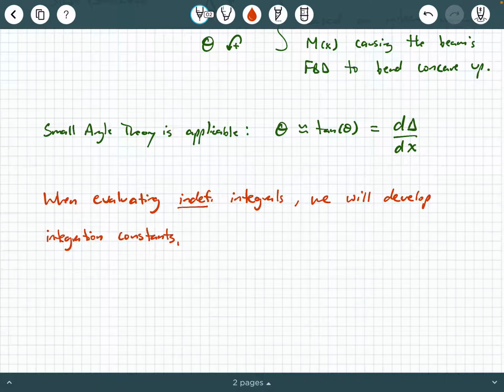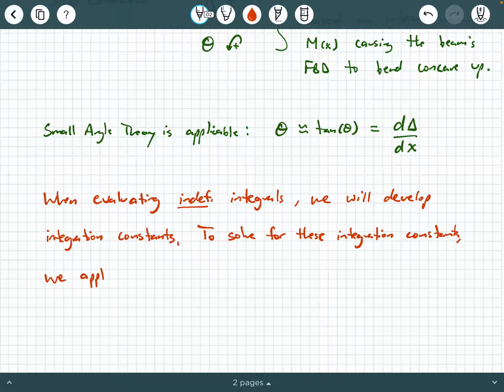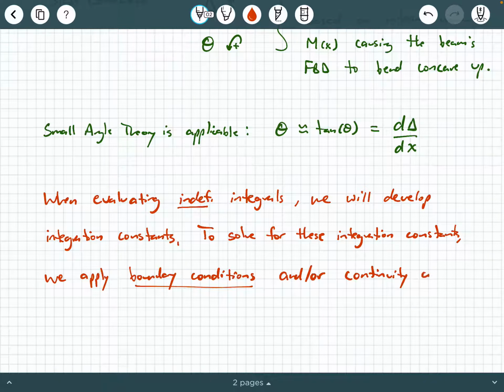So how do we handle those? Well, in order to solve for these constants, we're going to say the following. To solve for these integration constants, we apply boundary conditions and/or what are called continuity conditions.